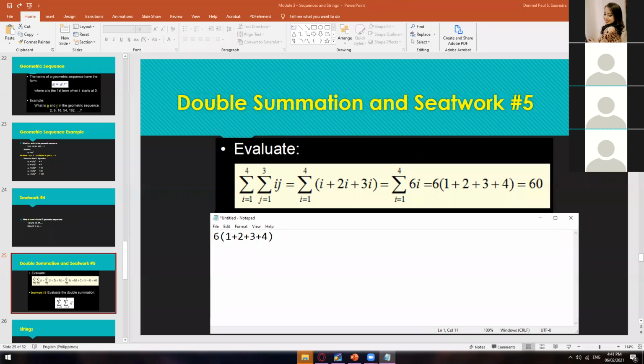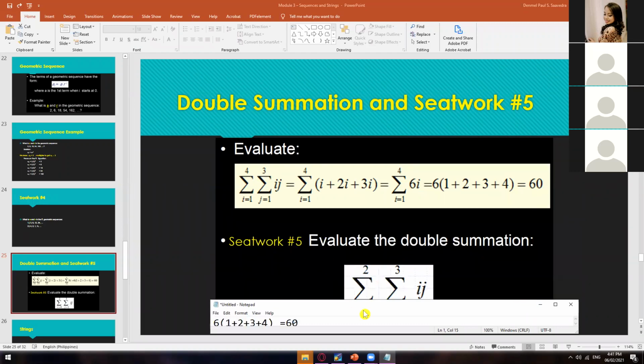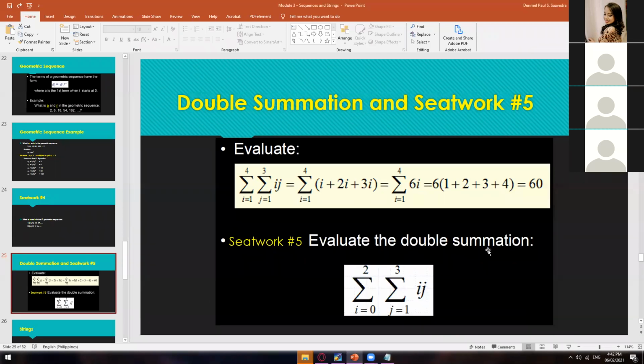Just solve that one, you will get a total of 60. So the same with your seat break number 5. Evaluate the double summation, just like this one: the first step, and then the second step, and then finally getting the total value of that summation. Right? So this one is super easy.